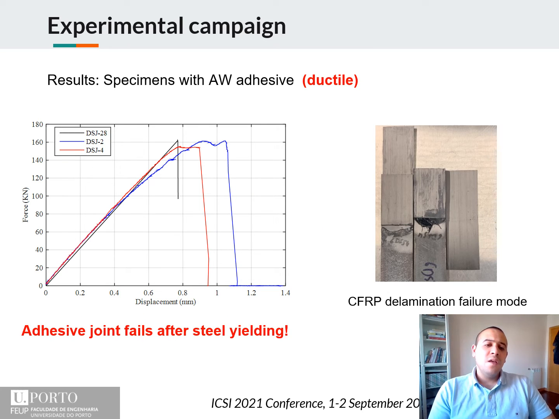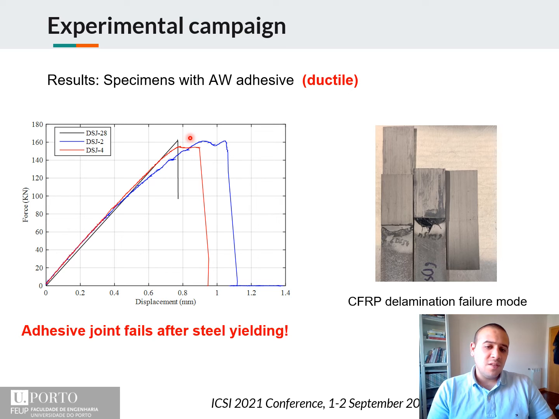Now let's see the results of specimens with ductile adhesive. Here you can see that the specimens with ductile adhesive achieved very high strength, which is 160 kilonewton. Note that the yielding force of the steel bars here is around 150 kilonewtons.